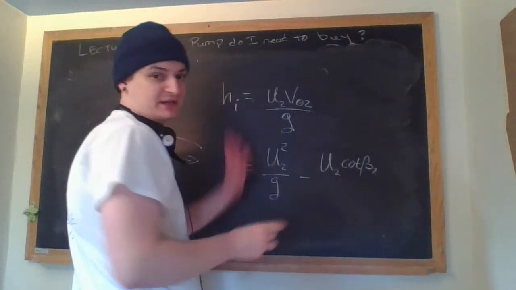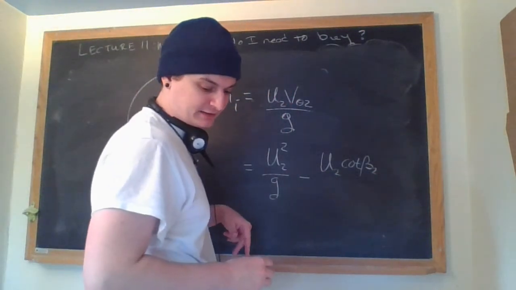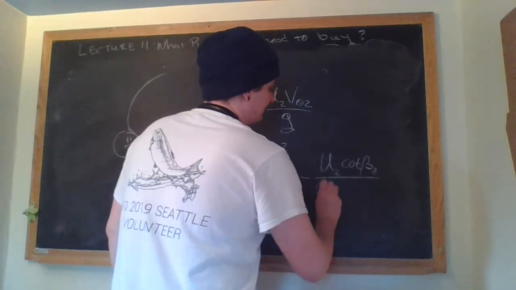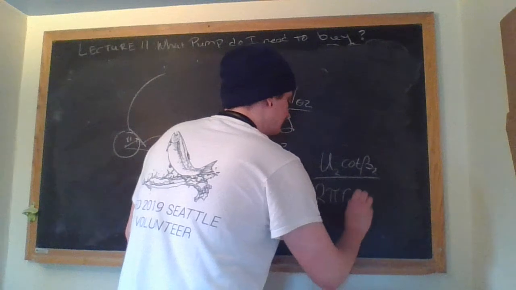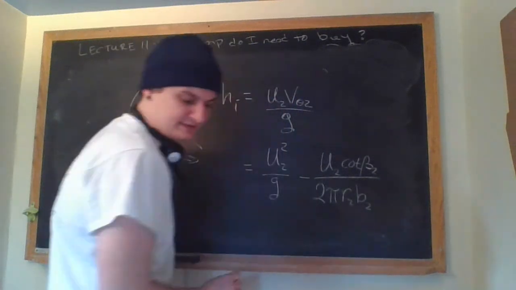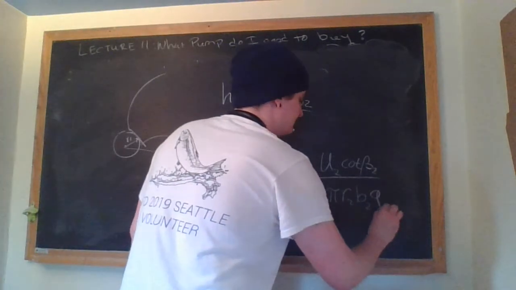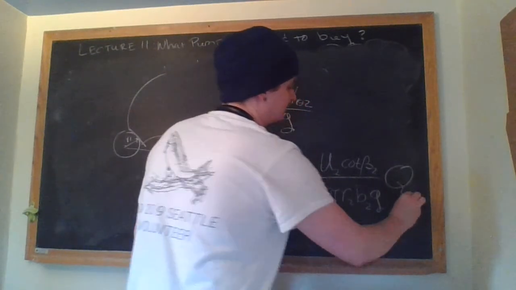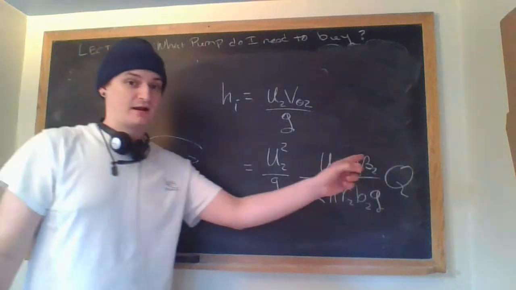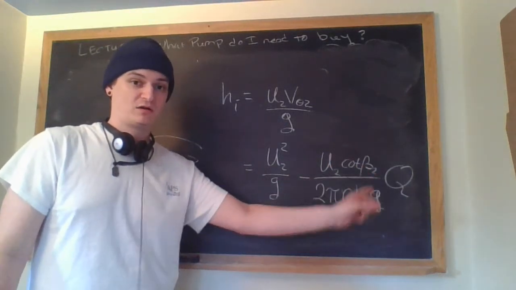This is the exiting. Beta 2's exit, 1 is in. And then 2 pi, I have an R2 of B2 times Q. Not squared. That's why also this is super wrong.